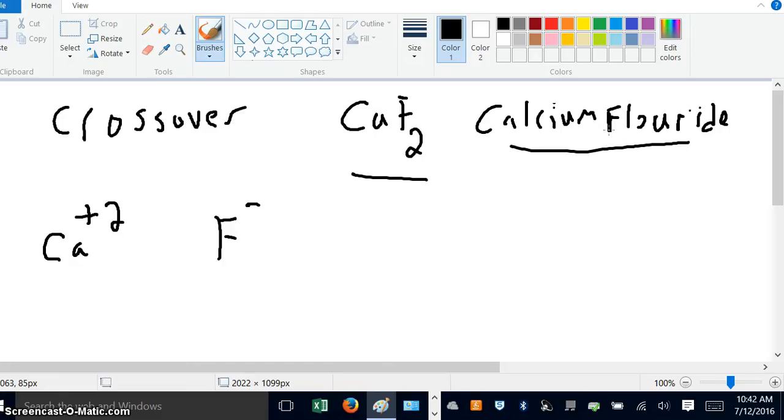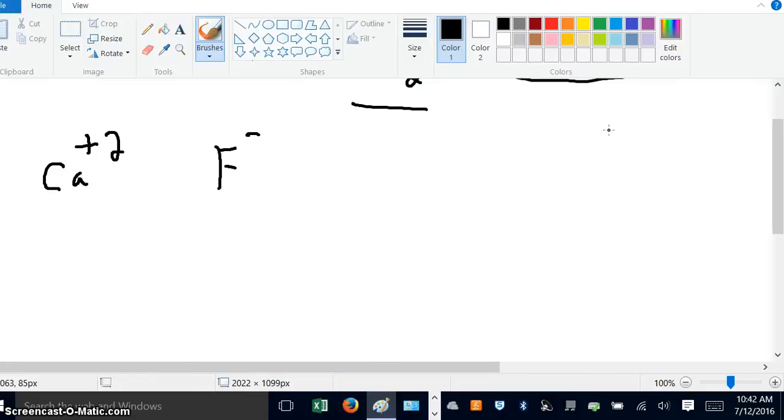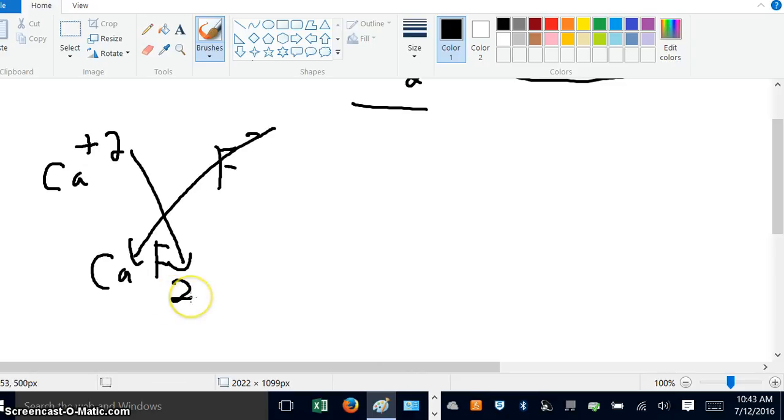The crossover technique means you use the charges in a crossed over manner. So we'll write the 2 atoms next to each other like so, and the 1 goes with the calcium and the 2 goes with the fluorine. So we're going to put a 2 right there.